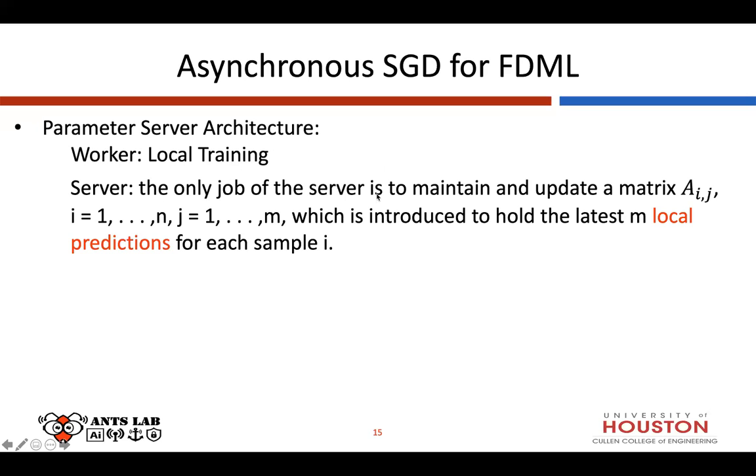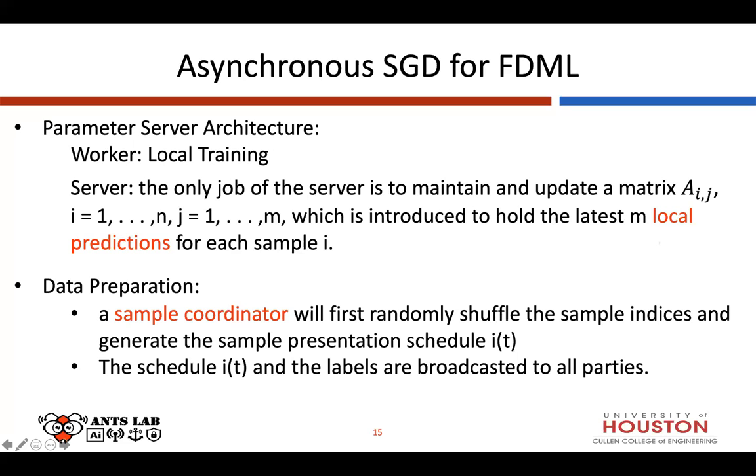The only job of the server is to maintain and update a matrix A_ij, where i is the index of the data sample or the batch sample, and j is the index of the party or participant. This matrix is introduced to hold the latest local predictions for each sample i. For example, A_ij represents the latest local prediction of data sample i in party j. So this is the physical meaning of A_ij.